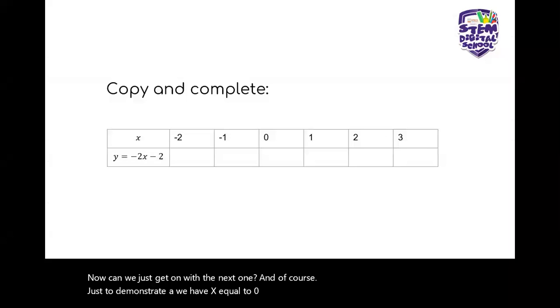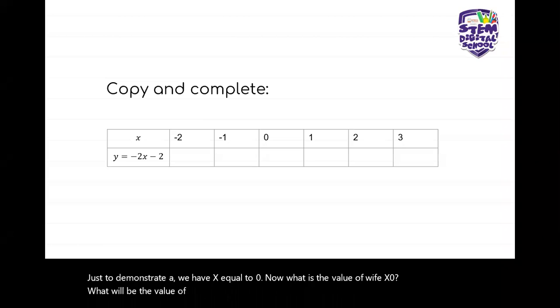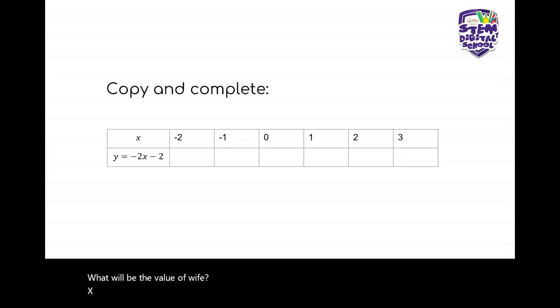What is the value of y if x is 0? What will be the value of y if x is 0? So I want you to just demonstrate and show me the value there.